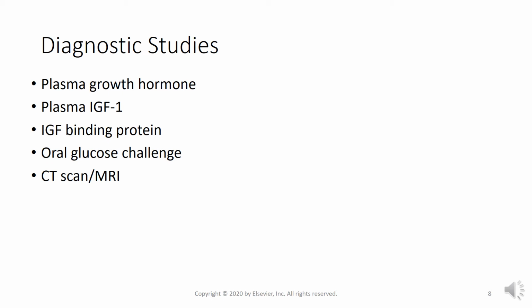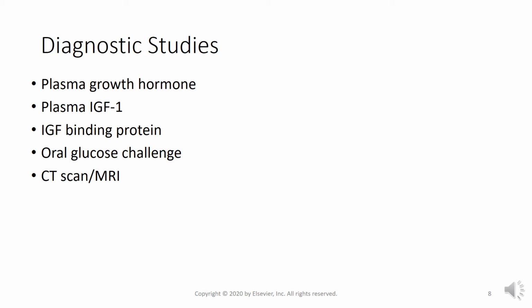One test that I want to go over is the oral glucose challenge. I know perhaps many of you may have had this test done if you were having a workup for diabetes or with pregnancy. So you drink an oral solution that has 75 grams of glucose.